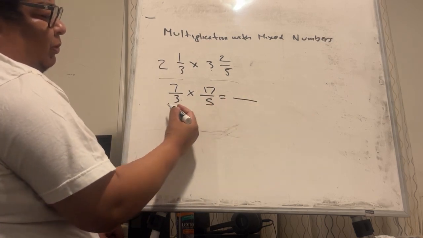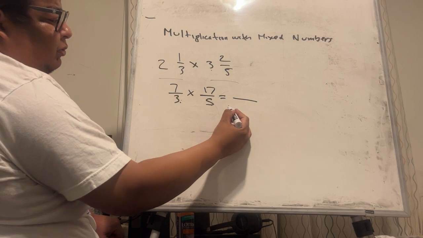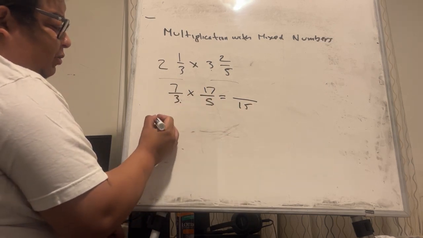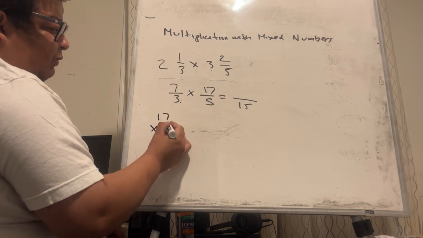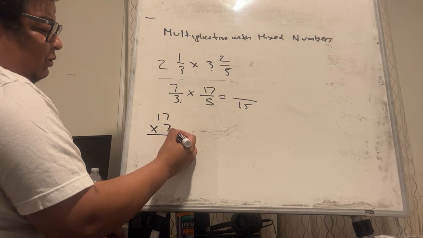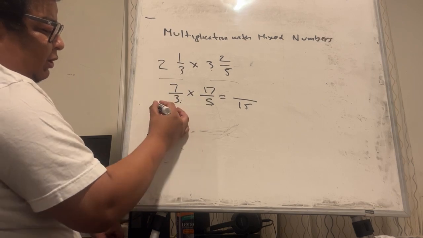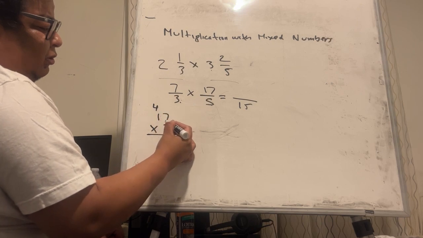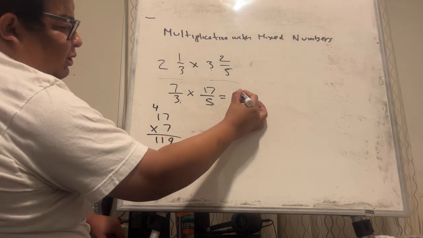Now you cross multiply: 5 times 3, 15, and then 7 times 17, that will be 7 times 7, 49, carry 4, 7 times 1, 7 plus 4, that will be 11, 119.